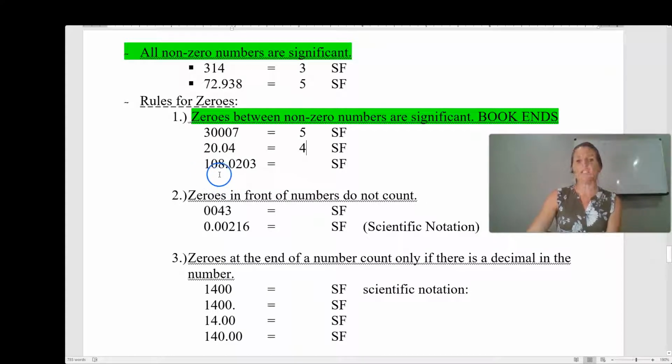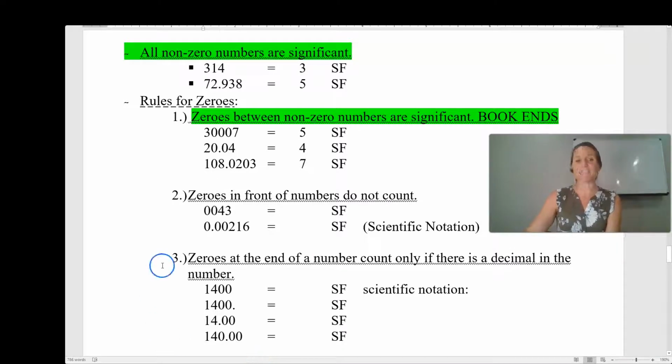Lastly, 108.0203 would be considered to have 7 significant figures. 1 is significant because it's not a zero. 8, 2, and 3, all non-zero numbers. And all 3 of our zeros are bookended between non-zero numbers. So all 3 of them would count. So 4 non-zero numbers, 3 zeros, 7 total significant figures.